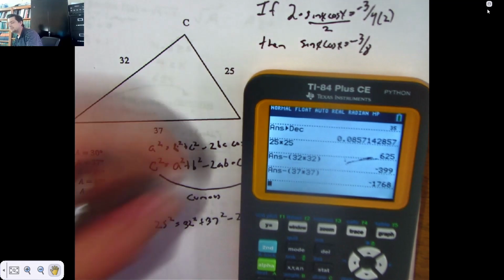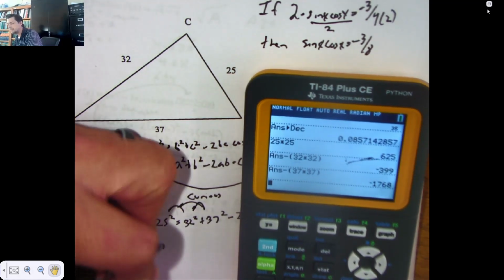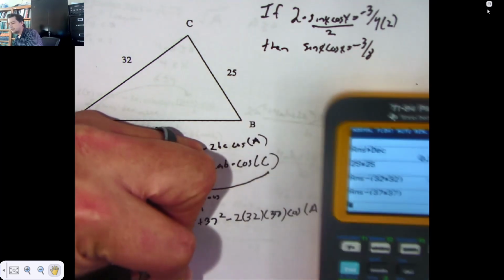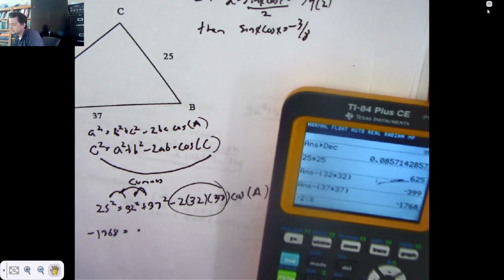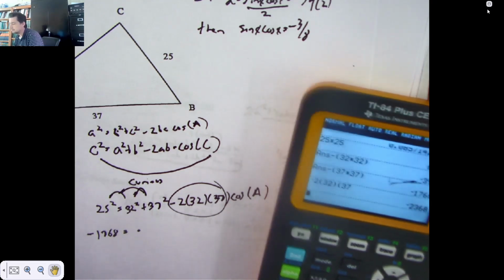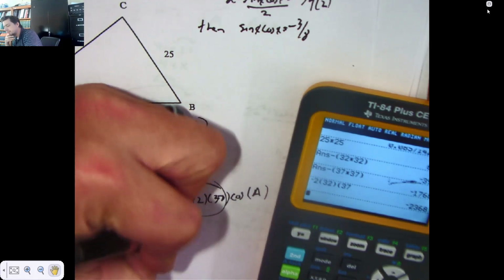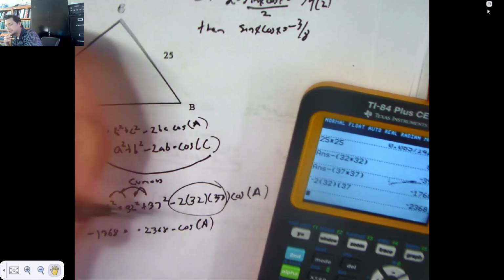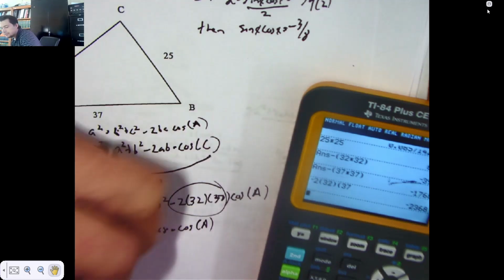And when you move these pieces over to the left, you get negative 1768, still equal to negative 2368 times the cosine of angle A. And what you're going to do is isolate and do the arc.